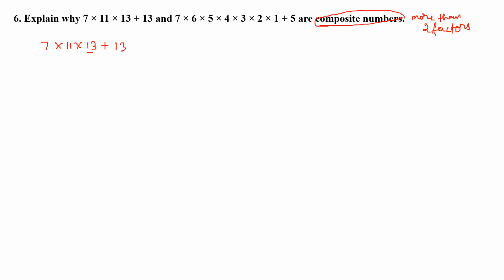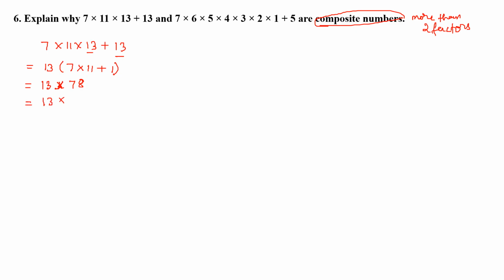We can see 13 is common, so I can take 13 common outside. So it is left with 7 into 11 plus 1. And what is 7 into 11? 7 into 11 is 77. 77 plus 1 is 78. Now if you see, 13 is a prime number, but what about 78? 78 is not a prime number, right?